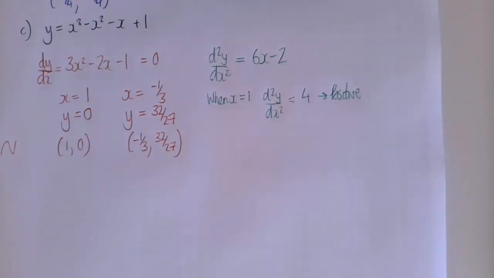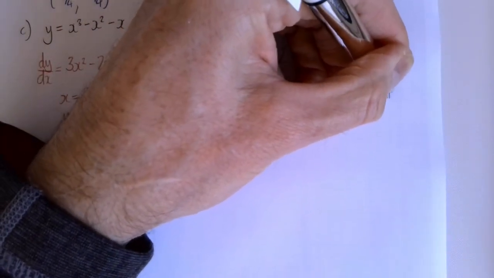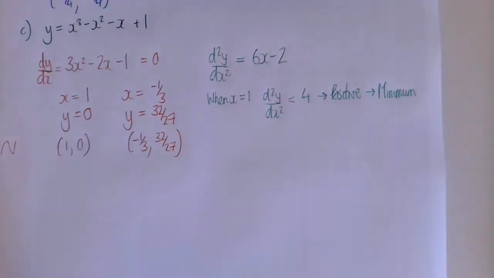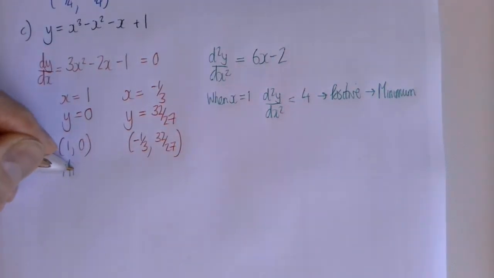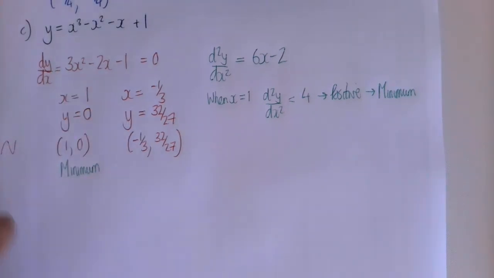So remember, I know that when the gradient of the gradient is positive, I'm dealing with a minimum. So when x is 1, that's a minimum. And we already knew that, didn't we? We'd already said that. What about when x is minus a third?